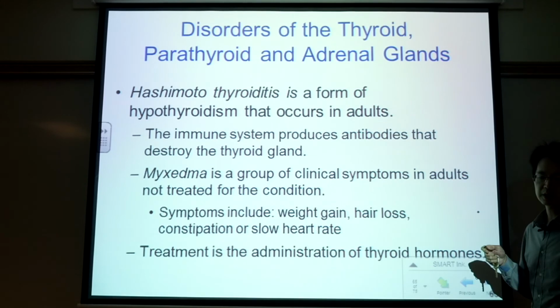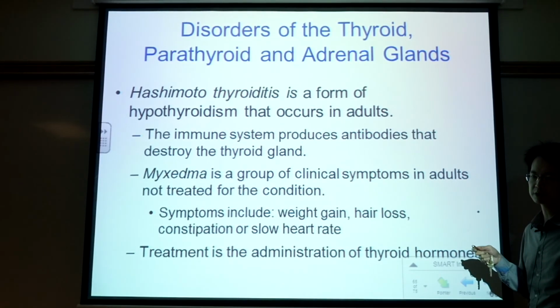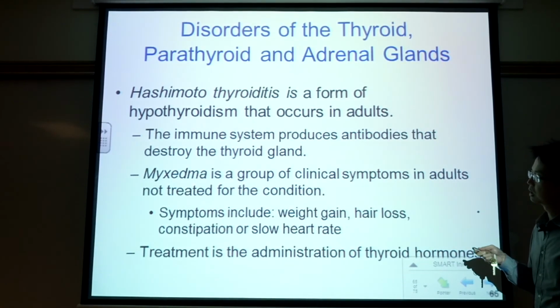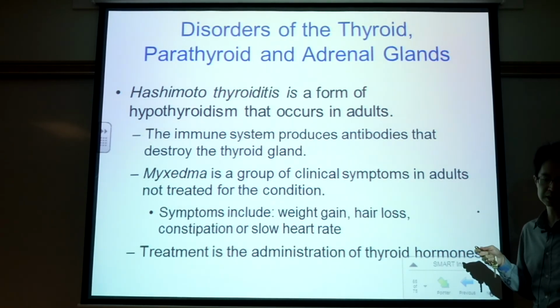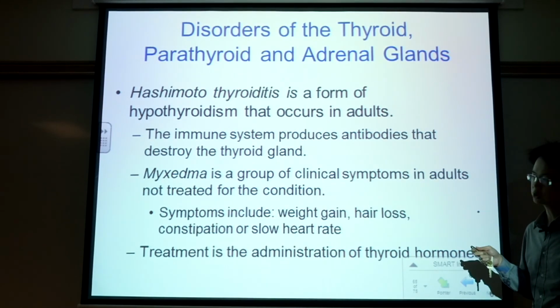So in infants and children, if you have hypothyroidism, again, it will give you short stature, and maybe even cause mental retardation. But in adults, the cause of hypothyroidism or Hashimoto thyroiditis is that the immune system produces antibodies that destroy the thyroid gland. So it's some kind of autoimmune malfunction.